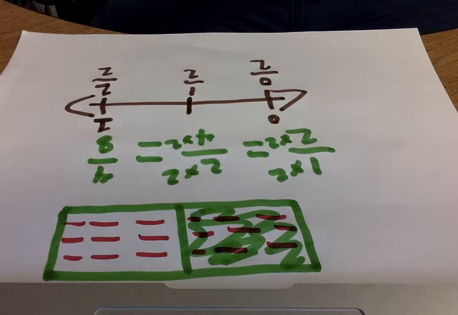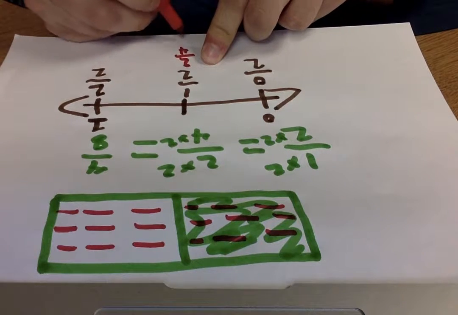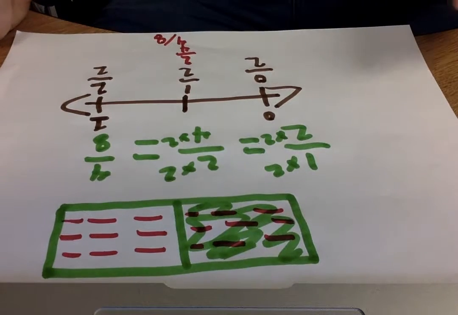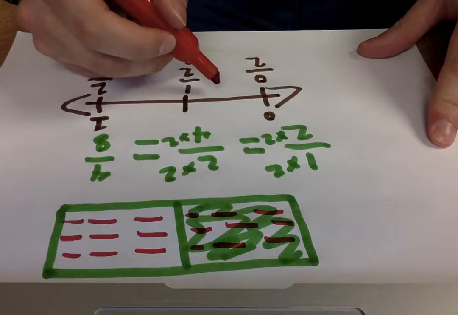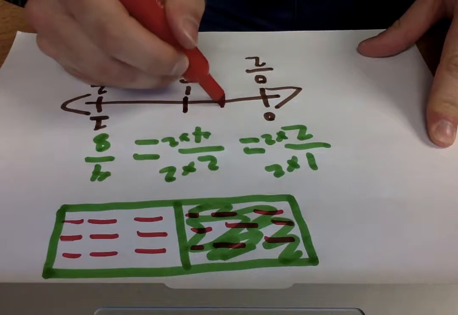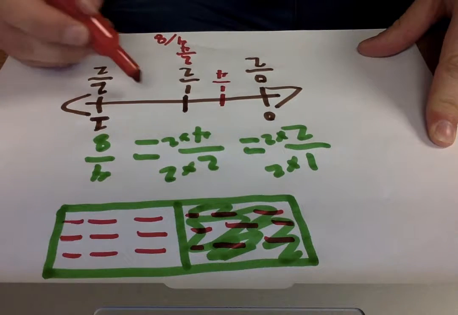And I can add for equivalent fractions. 2/4 is the same as 1/2 and 4/8 is the same as 1/2. And that allows me to plug in the rest of those fractions. So I see 2/4 is here. I can add a tick mark as I partition it evenly to place 1/4.